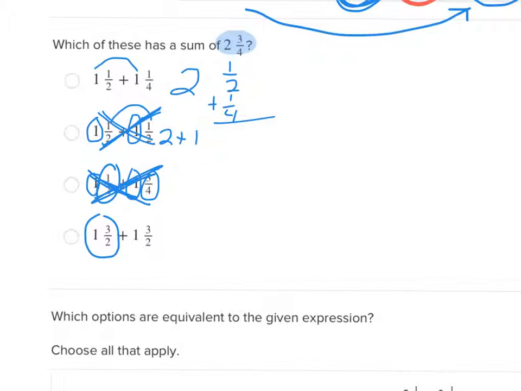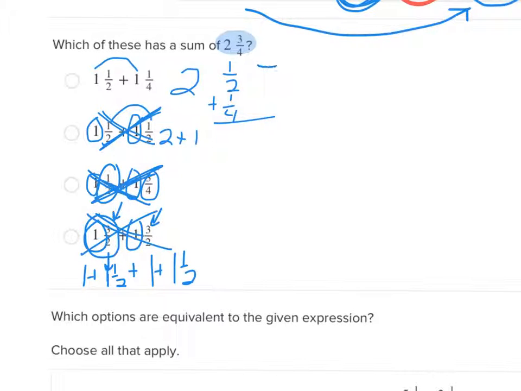Well, 3/2 by itself is 2/2 plus 1/2. That's 1 1/2. So that's 1 plus 1 1/2 plus 1 plus 1 1/2. That's way too big. Okay, 1, 2, 3/2 is each worth 1 1/2. That's way too much. That's more than 2 3/4. It's not that. So it's going to be this first one.